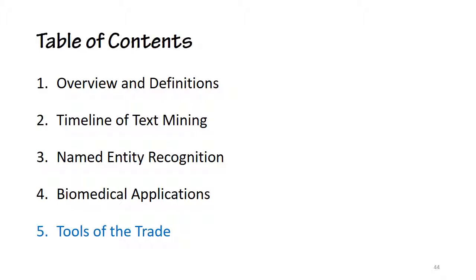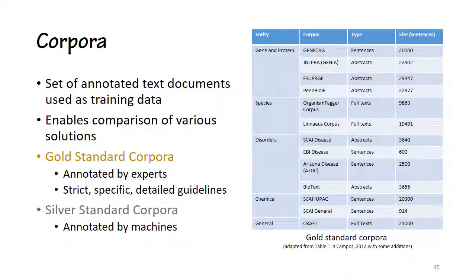Now, I will close with some tools of the trade. Corpora are a set of labeled texts, documents, which allows one to compare solutions to see if they're in the same corpus. And you can compare the remedies to see which is better.